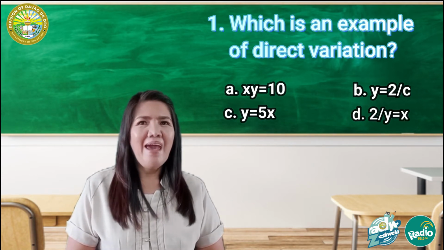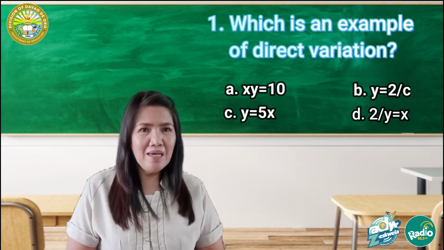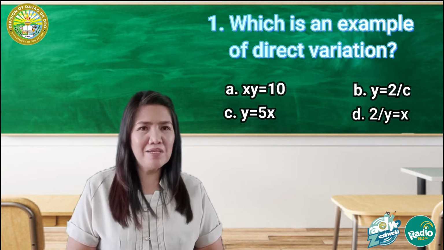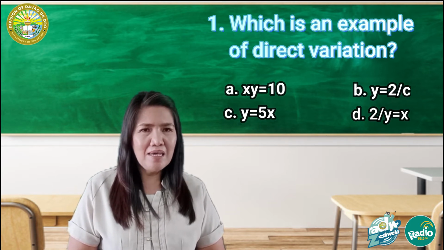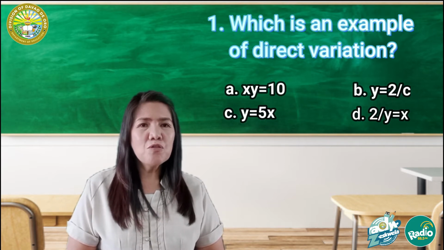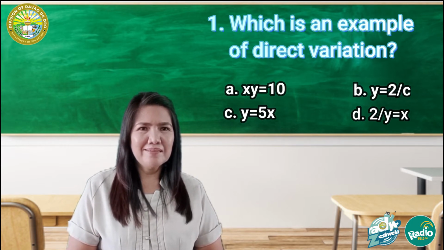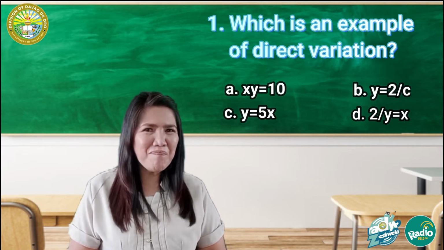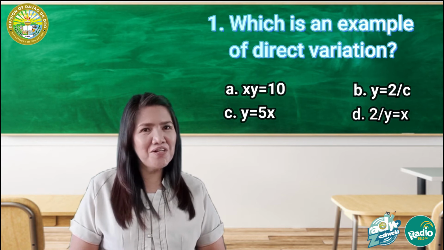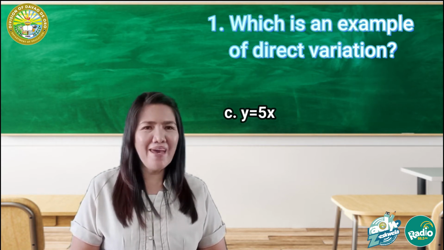Again, A. xy equals 10, B. y equals 2 over c, C. y equals 5x, D. 2 over y equals x. Ballpens up! The correct answer is letter C. y equals 5x.